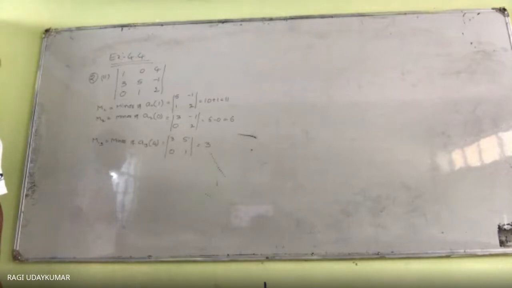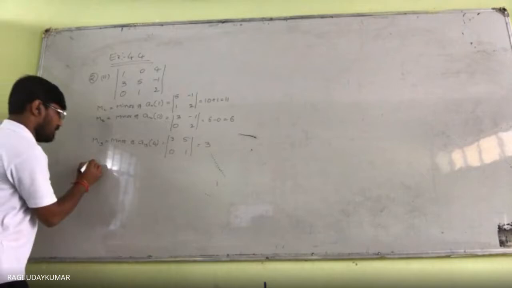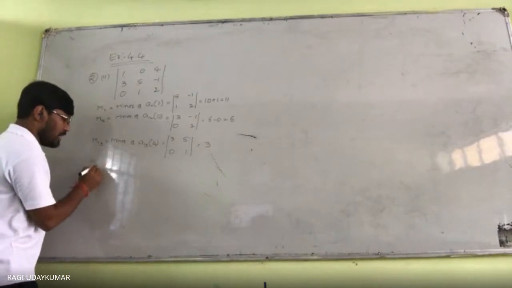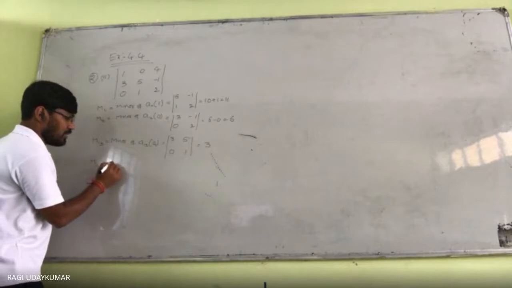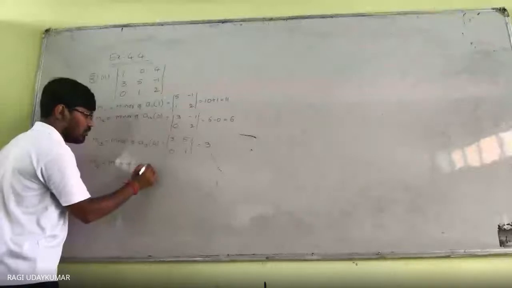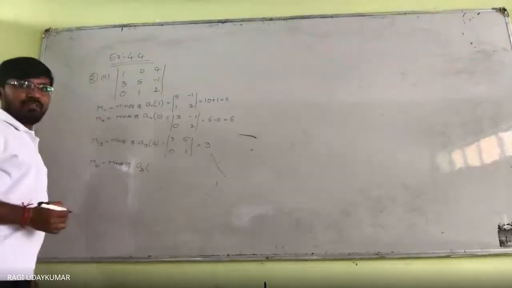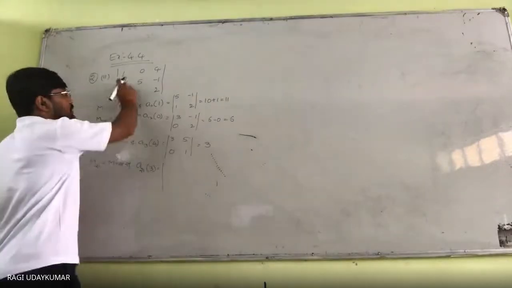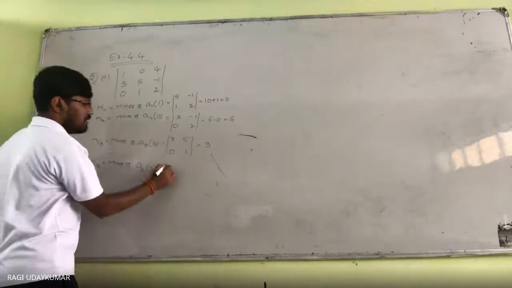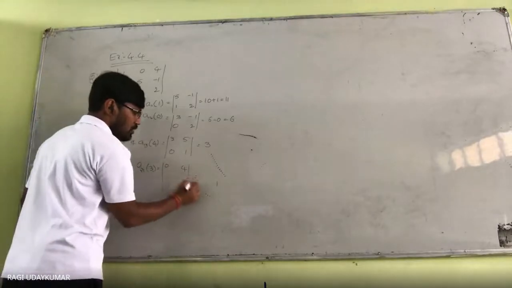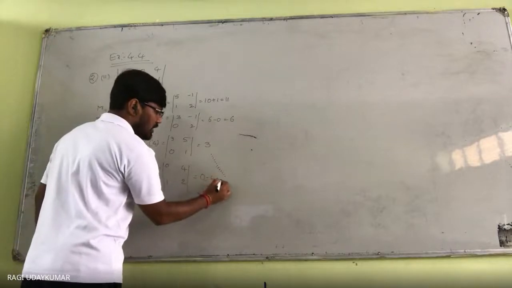Okay. Now what do you get here? In the same way, M21 is nothing but the minor of A21. Better you write the element in brackets. This row and this column are deleted, giving 0, 4, 1, 2, which equals 0 minus 4, which equals -4.